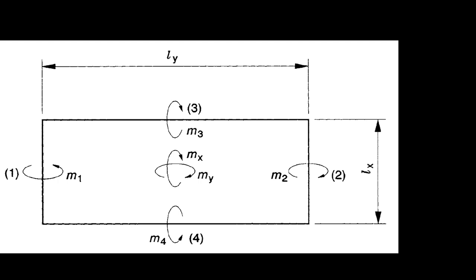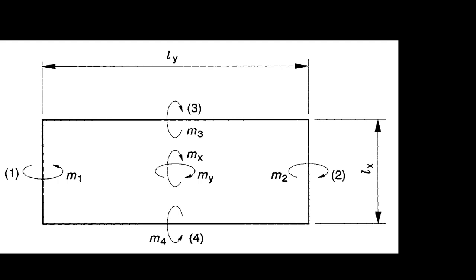In a two-way slab, the moment acting on the slab is critical in both directions, both the short span and also along the long span. So looking at this diagram, this is the moment representation of a two-way slab.